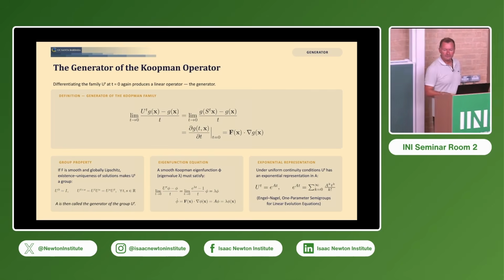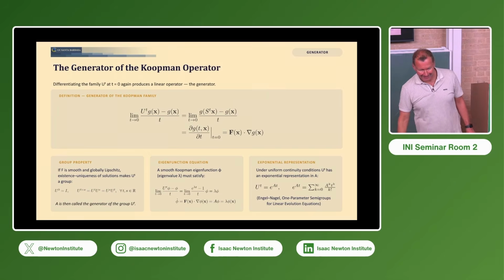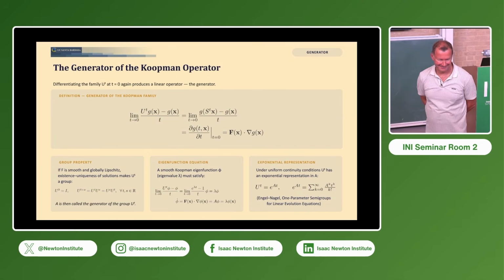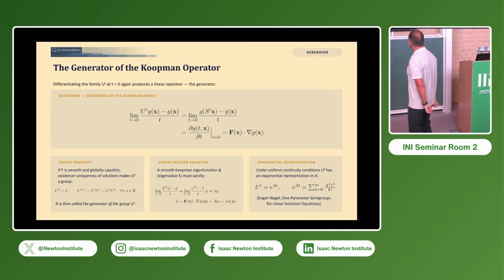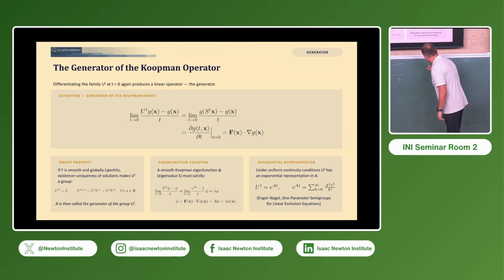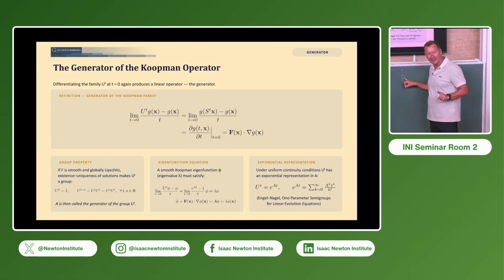Sorry, I'm going to ask a really stupid question here. No. This eigenfunction equation is really bugging me. Yes. You've got an eigenfunction phi for your t. How do you know it doesn't depend on t? Now this is actually a really nice question. So you have phi dot, that is the change of the function in the direction of the vector field, yes? Phi itself is a static object.